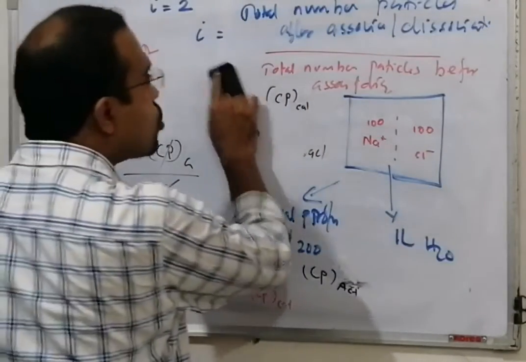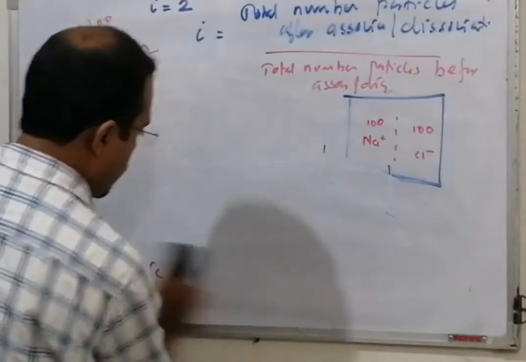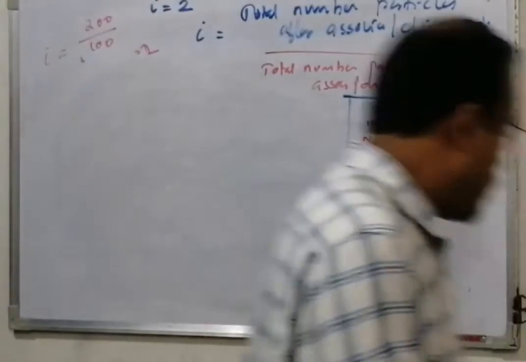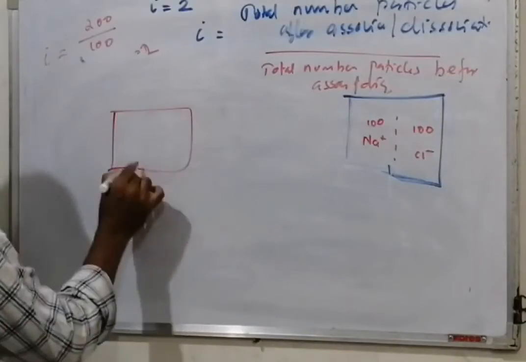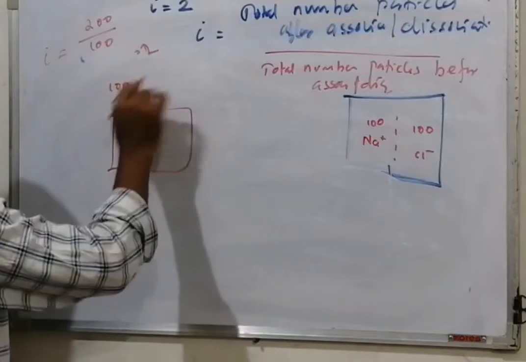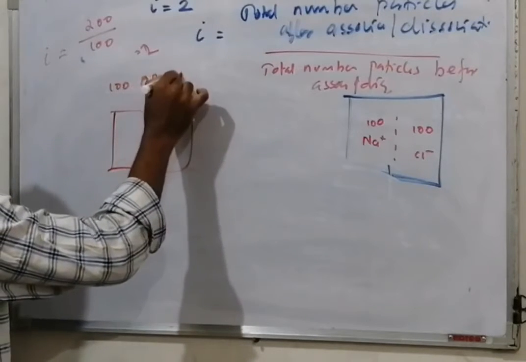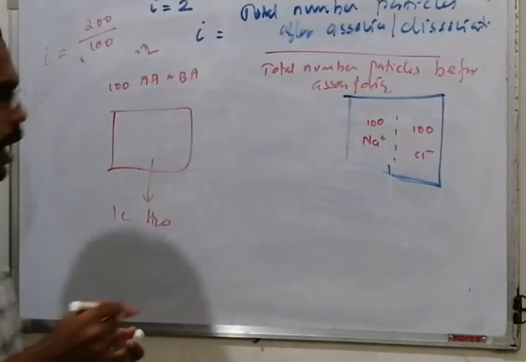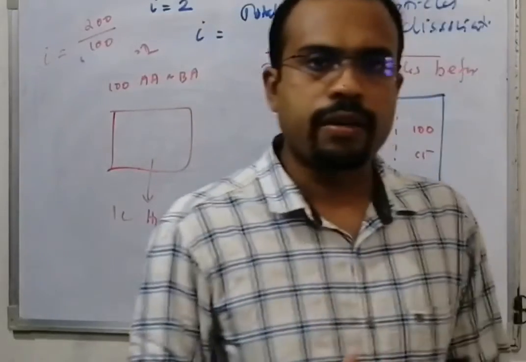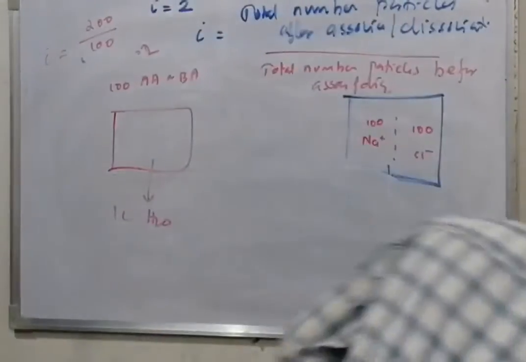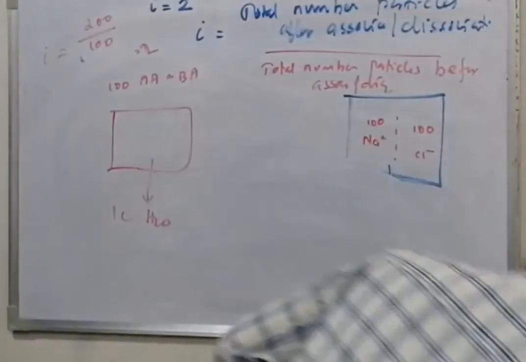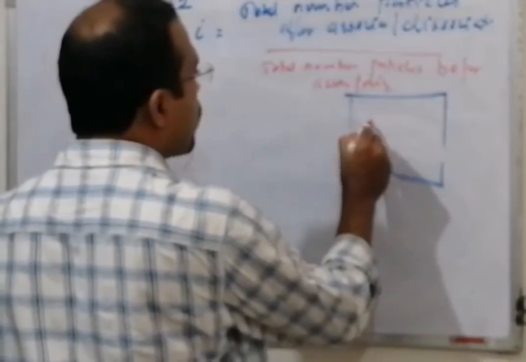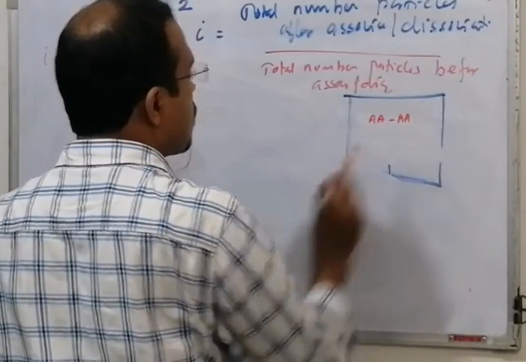This is possible in association also. I will tell you the association. Yes, suppose you are adding 100 acetic acid or benzoic acid separately in 1 liter water. But you know, that is 100 molecules. Here you know what happens. 2 molecules of acetic acid joined like that.